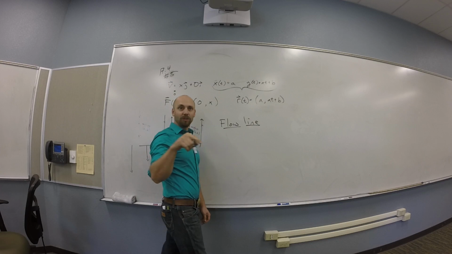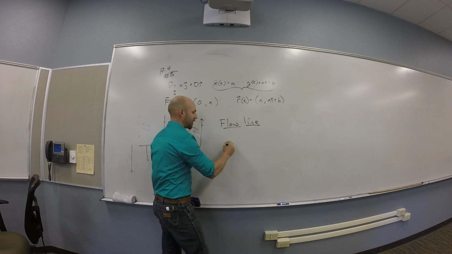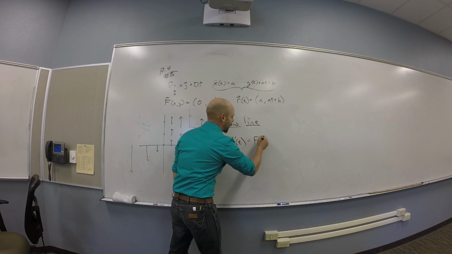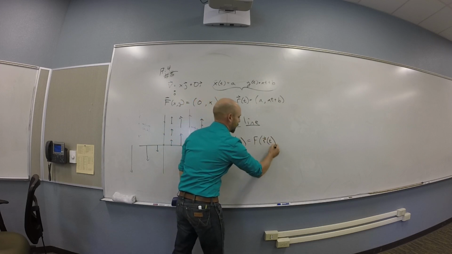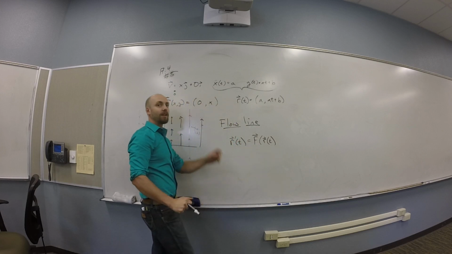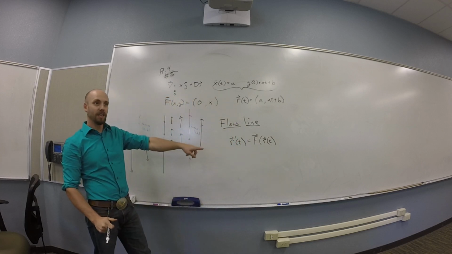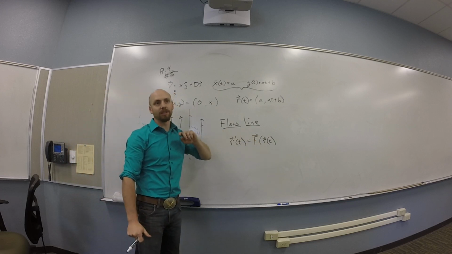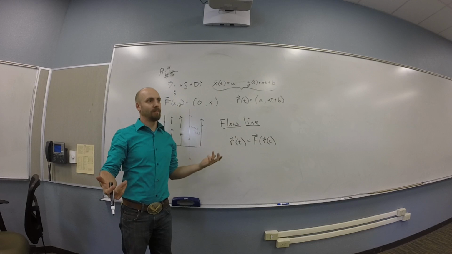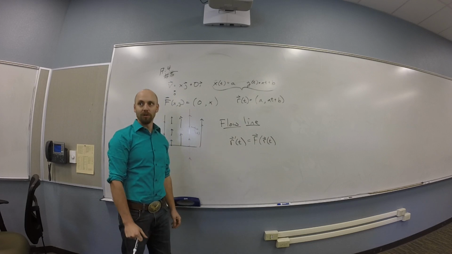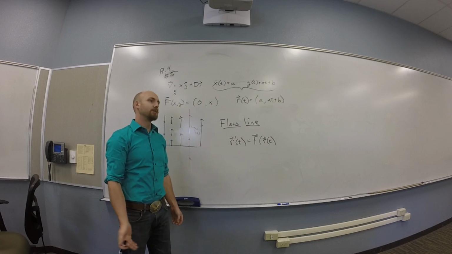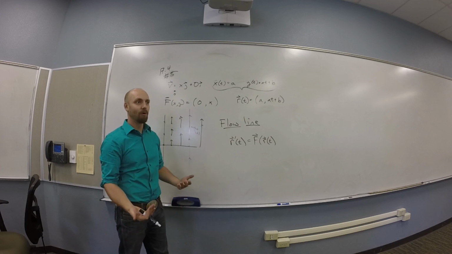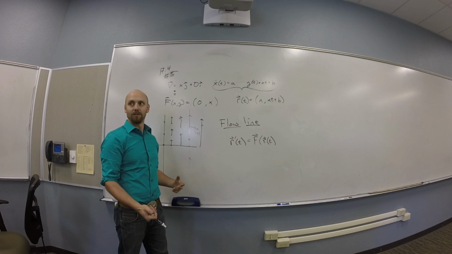So a flow line's supposed to satisfy r prime of t equals f of r of t. Perfect. The tangent line to your flow should be the vector field evaluated at the spot you're at. This flow should be pushing you along your tangent lines. Otherwise, it's pushing you some other direction, and that's going to be off of your curve, hence that won't be a flow line. You guys all see that?